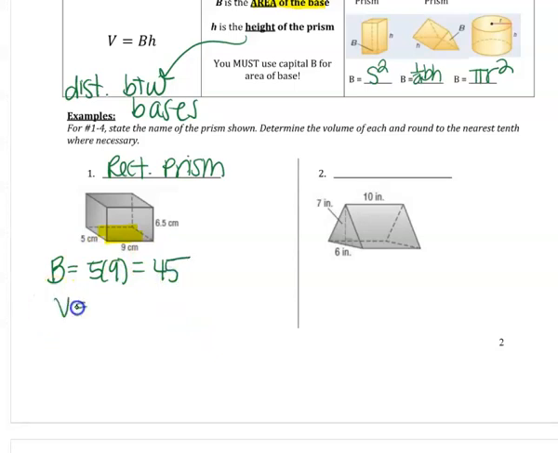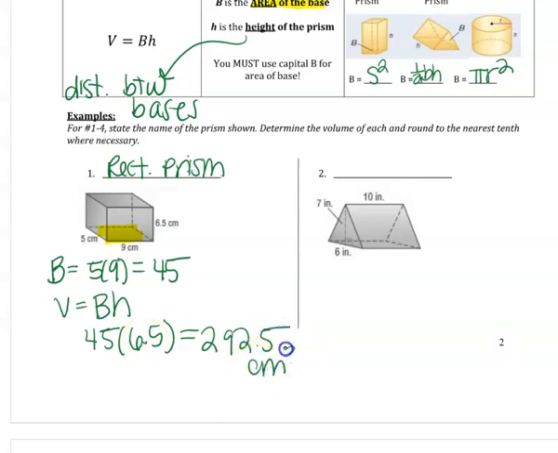Now, if volume is the area of the base times the height, that's 45 times our height of 6.5. If you type that in your calculator, we get 292.5. Since this is volume, it's centimeters cubed.